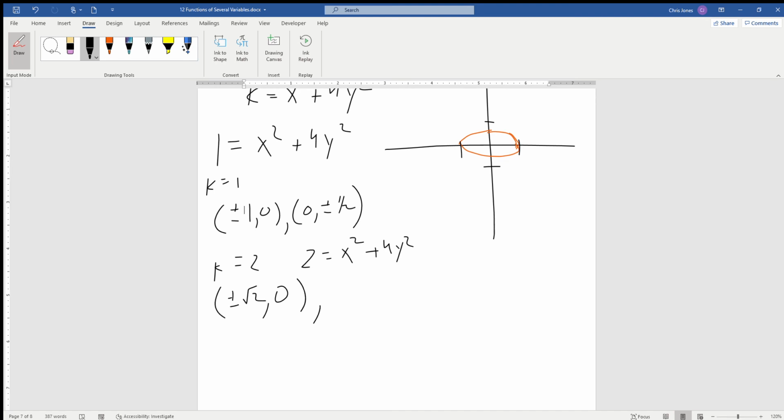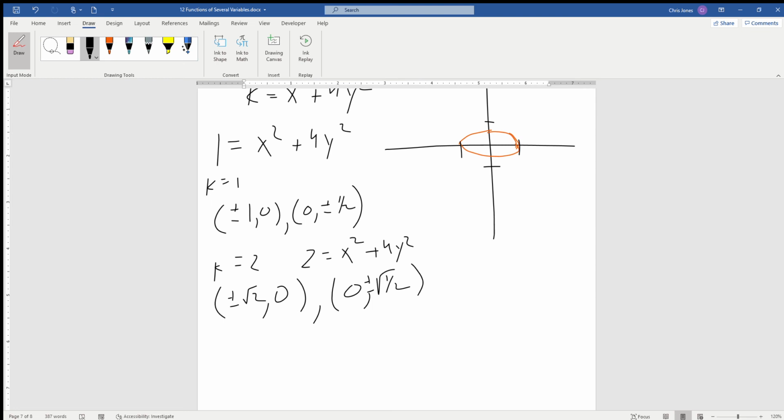And then if x were 0, that would give us y equals plus or minus the square root of 1/2. All right. And the square root of 2 is a little bit bigger than 1. So the square root of 2 is 1.41.